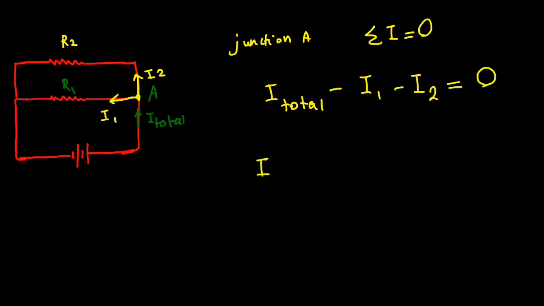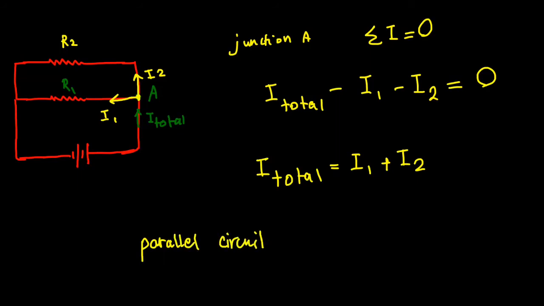So as a result, I total actually is equal I1 plus I2. Or in general, I can say when I have a parallel circuit, I total always equal I1 plus I2 plus IN.